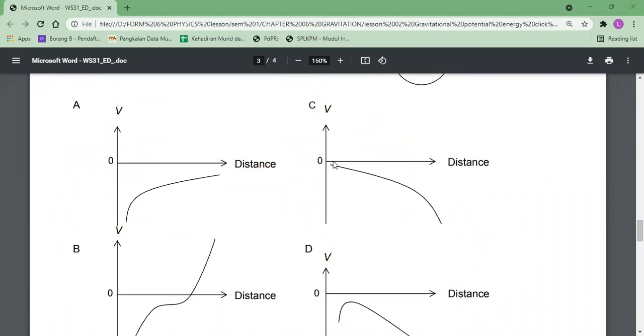Okay, A, B, C, D. So the answer should be A. Per kg, that means from here, gravitational potential with the distance. Yes, the answer will be A.